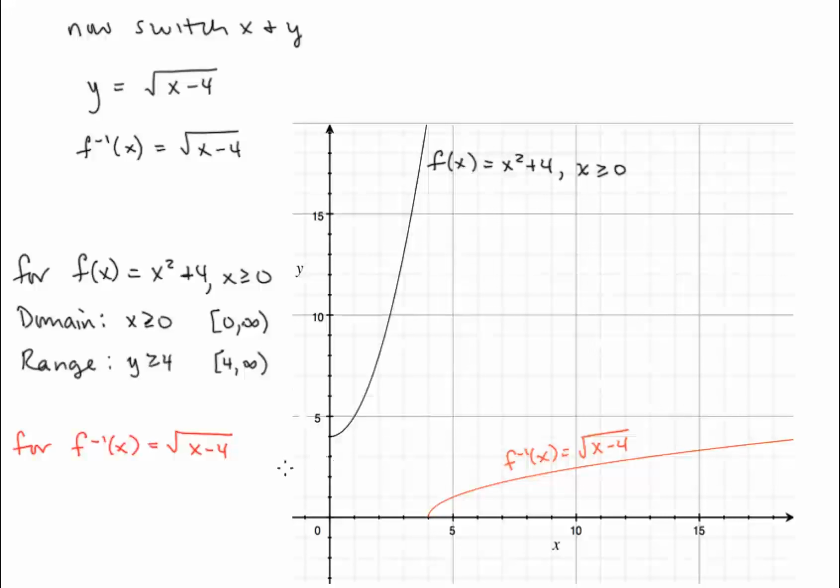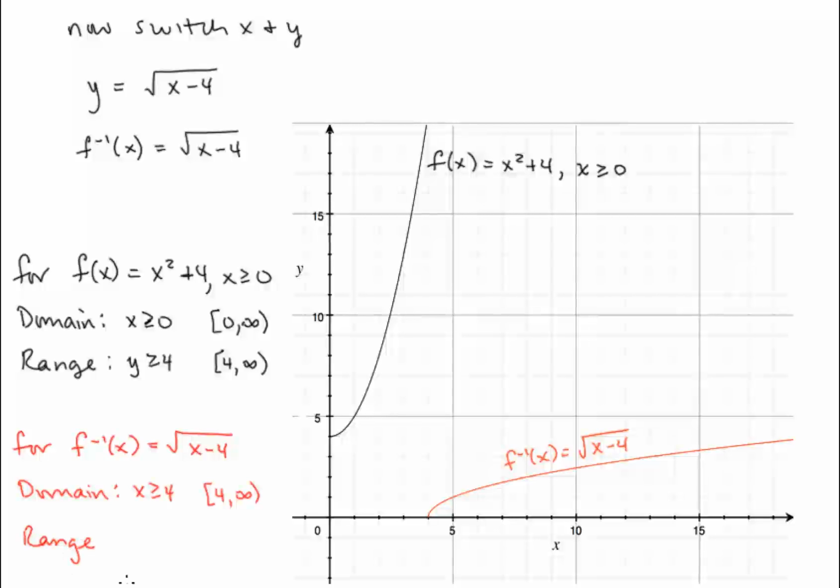Now let's take a look at the domain and range for f inverse. The domain here is x values greater than or equal to 4, or 4 to infinity.